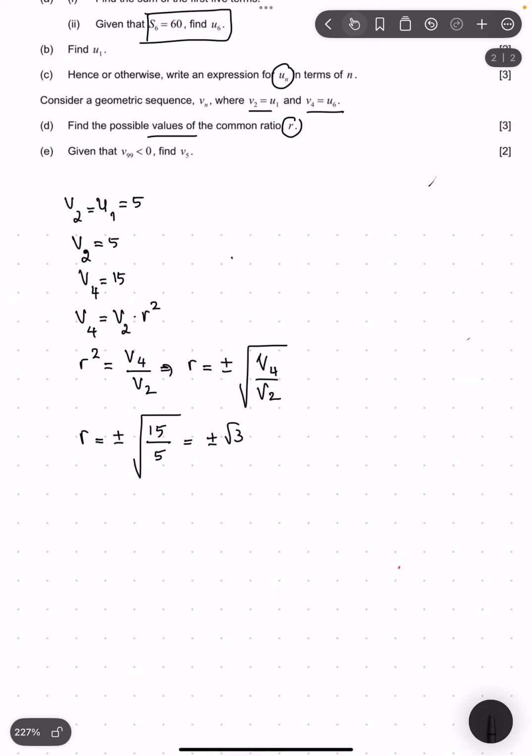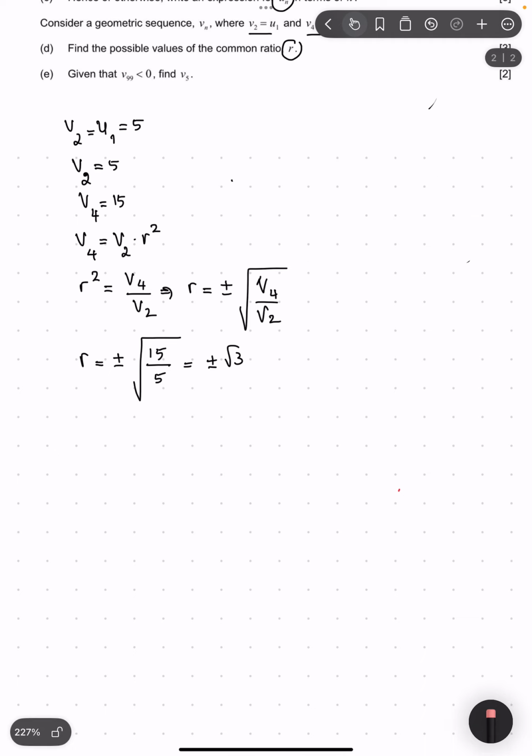And then given that V99 is less than 0, they want us to find V5. So actually V99 equals what? For part e, V99 equals V2 times r to the power of 97.